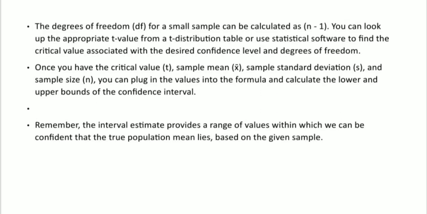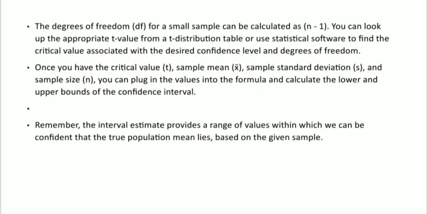You can look up the appropriate t value from the t distribution table or statistical software to find the critical value associated with the desired confidence level and degrees of freedom. Once you have the critical value, the sample mean, the standard deviation and the sample size, we can plug the values into the formula and calculate the lower and upper bounds of the confidence interval.